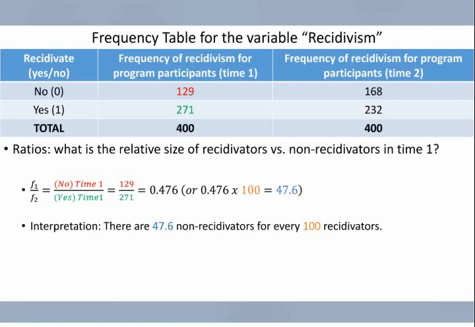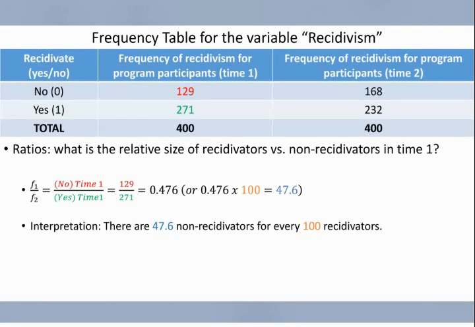So what we're looking at is the frequency of people who did not recidivate in time 1 versus people who did recidivate in time 1. As we can see, we have 129 non-recidivators in time 1 and 271 recidivators in time 1.